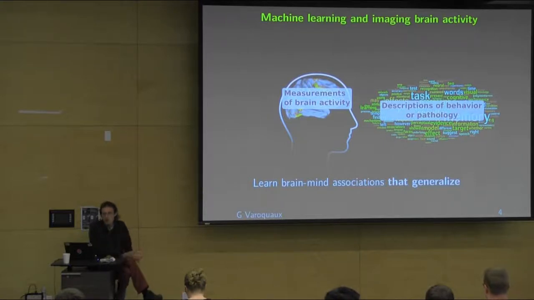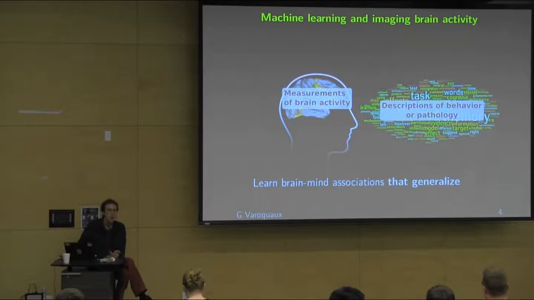And so the way I think about this is that if we're looking at cognitive neuroimaging, we have on the one hand measurements of brain activity, and on the other hand some description of behavior or pathology. And from a machine learning standpoint, what we're going to try to do is to learn brain-mind associations with machine learning.